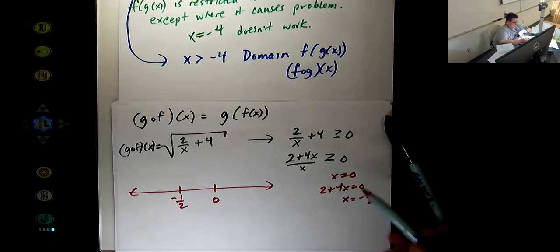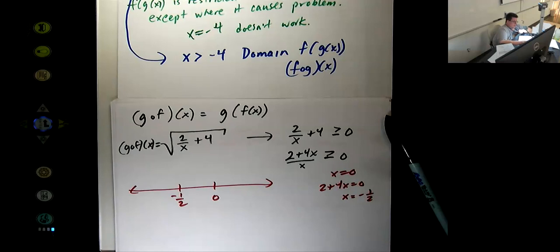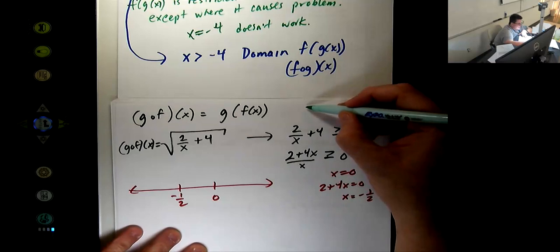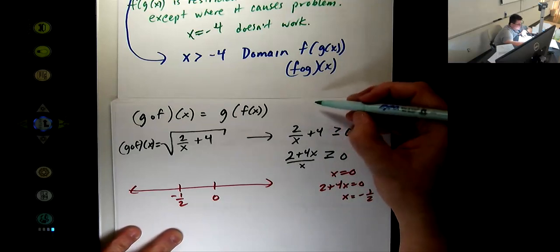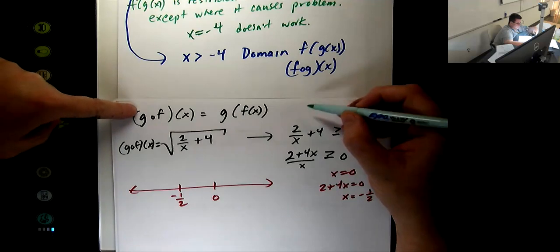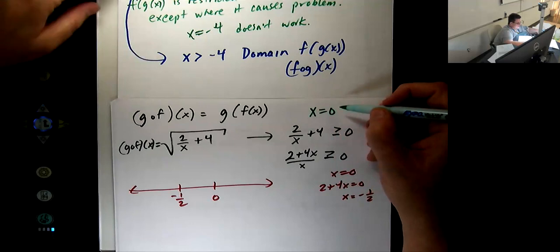Those are bad spots. We also have the restriction from f of x, which is on the inside. x cannot equal 0. Oh, we already have that. It shows up still.